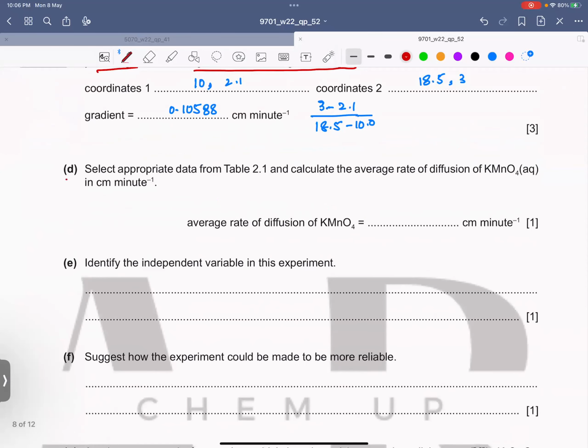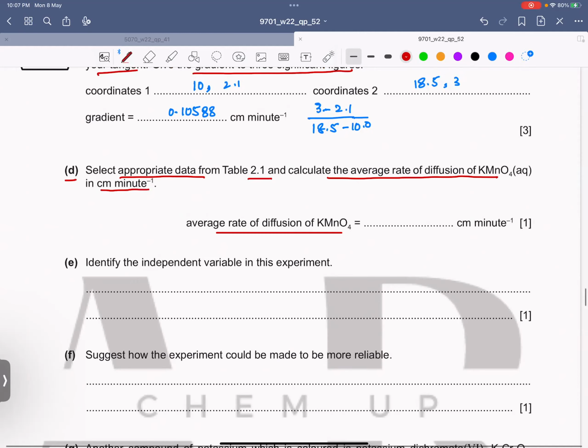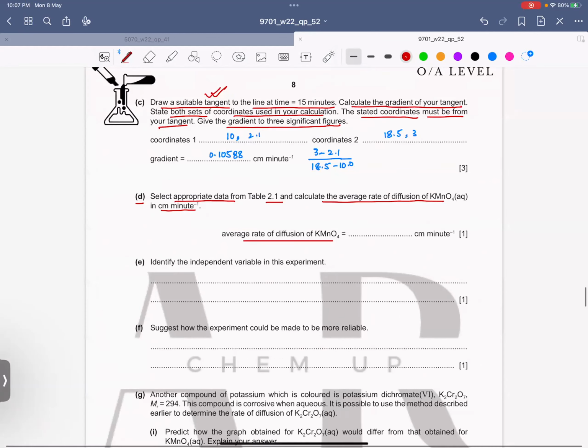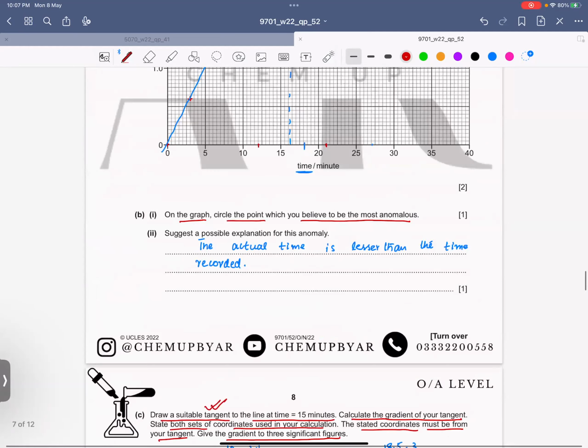Now, B part. Select the appropriate data from the table 2.1. Calculate the average rate of diffusion of KMnO4 in centimeter per minute. The average rate of diffusion of KMnO4 is equal to, so the average rate, right?